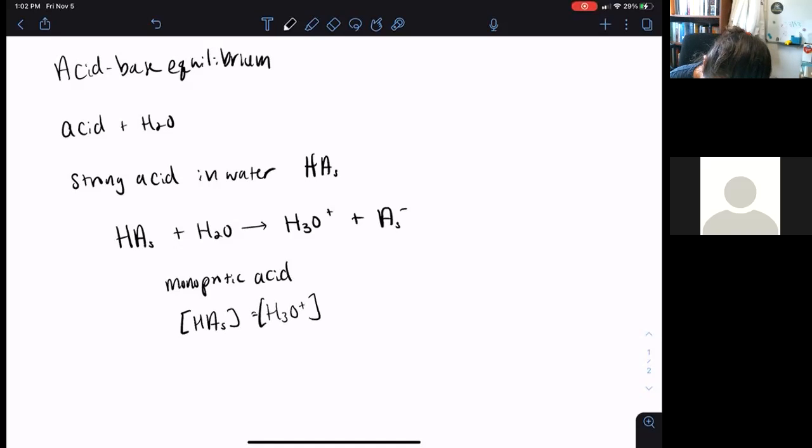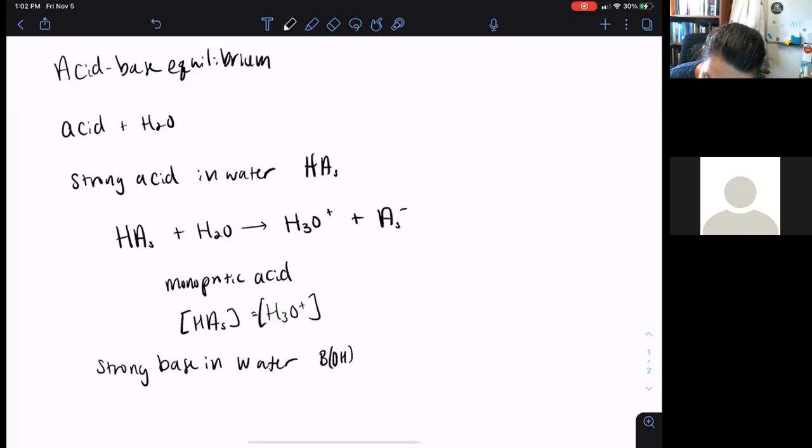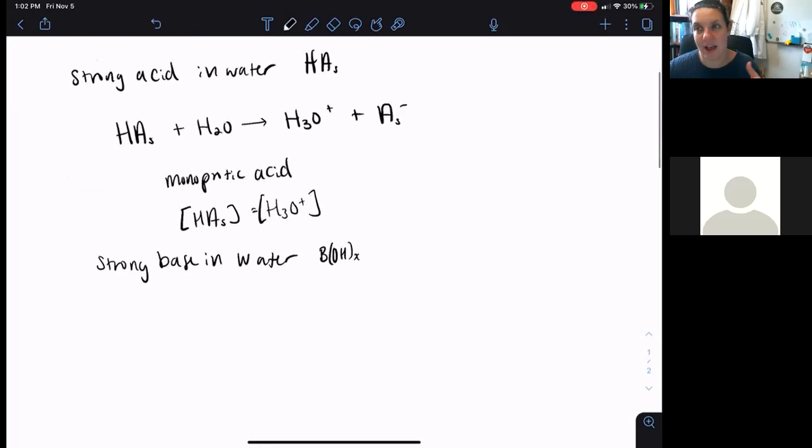And then our strong base in water. And this is going to be some BOH_x complex. So with this, I don't really show the water because the water would cancel out, because the hydroxide itself does not attach onto the water like the hydrogen from an acid does to produce hydronium.